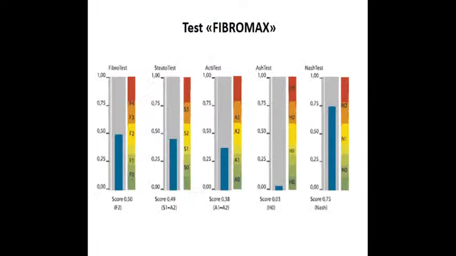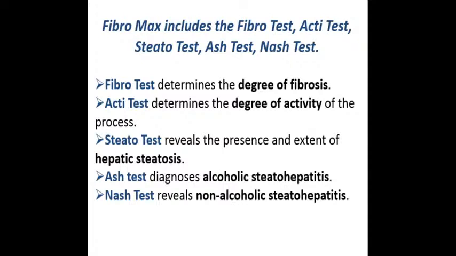If we do this test, we can determine many features of the patient. The FibroTest determines the degree of fibrosis. The ActiTest determines the degree of activity of the process. The SteatoTest reveals the presence and extent of hepatic steatosis.